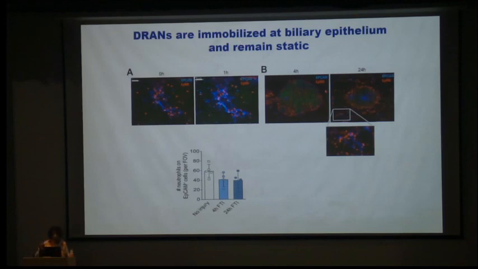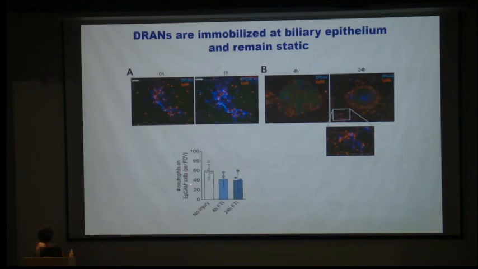How did they check that immobilization? Again they did the intravital microscopy, and in intravital microscopy they tracked these neutrophils, and they found that these neutrophils stayed there for a longer time, and it was not only new neutrophils, old neutrophils were there.